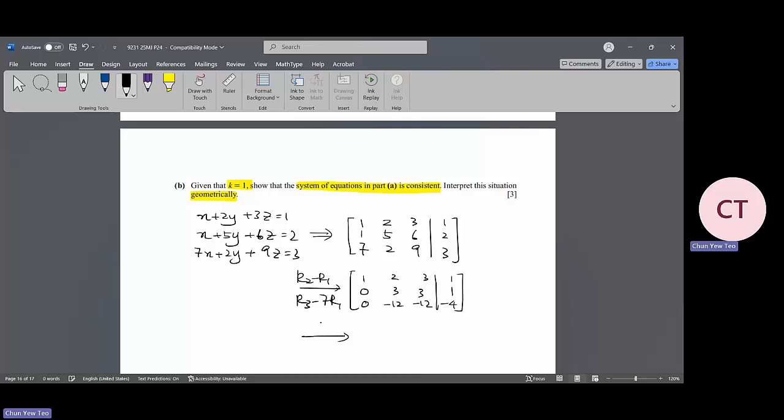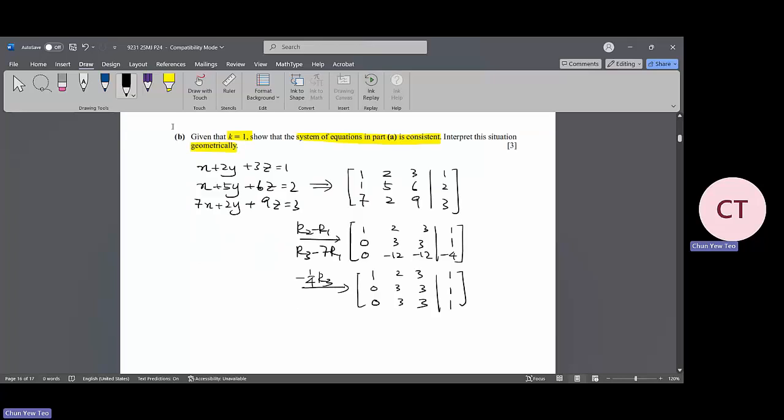Divide row 3 by negative 4. Rows 1 and 2 are just copied down, and this one becomes 3, 3, 1.